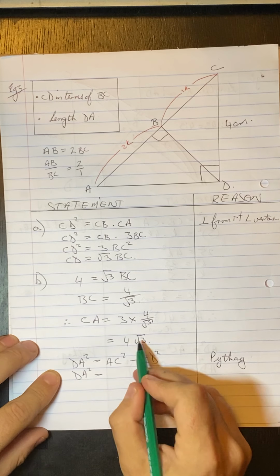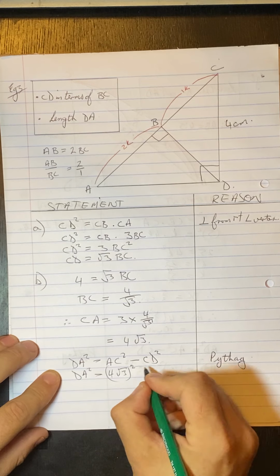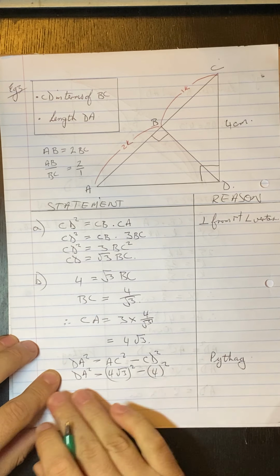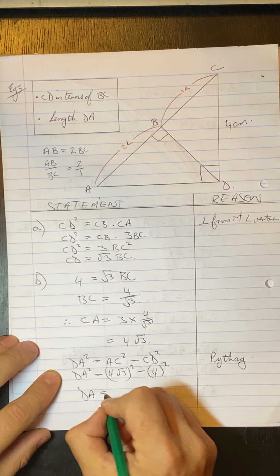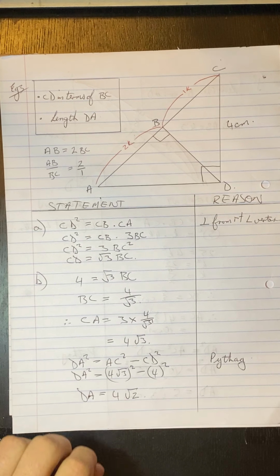So AC is this 4 root 3 squared minus CD is 4 squared. Put that on the calculator and you will get that DA is equal to 4 root 2. Okay, and that's the solution for that one. Moving on to example 4.